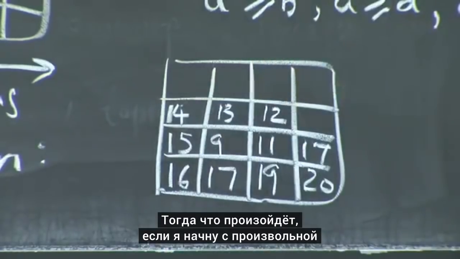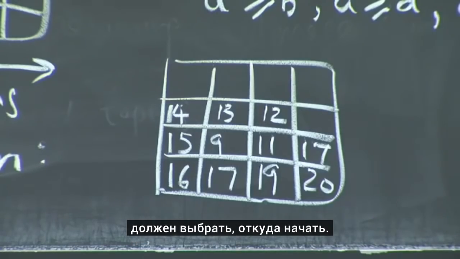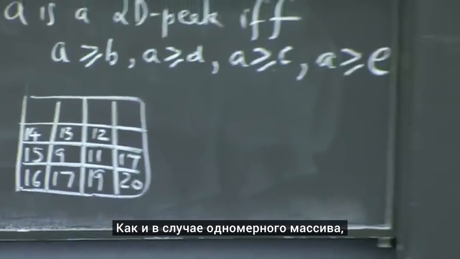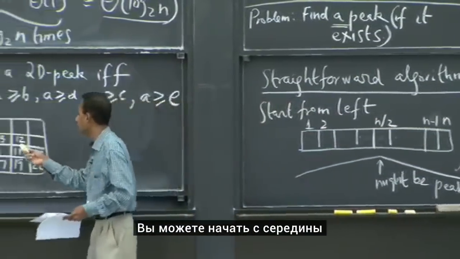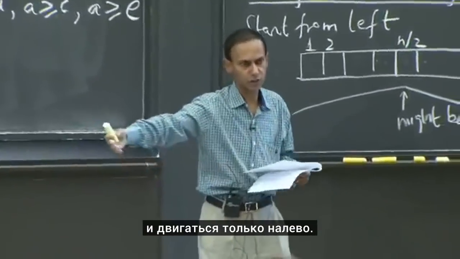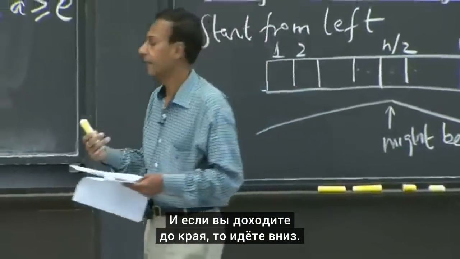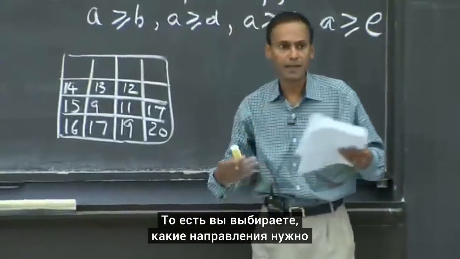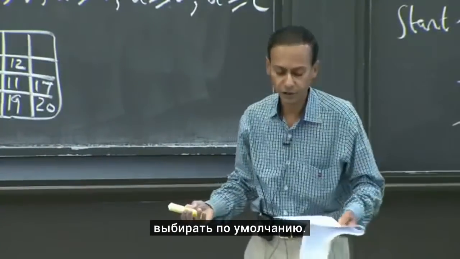then what might happen is if I started at some arbitrary midpoint, the greedy ascent algorithm has to make choices as to where to start. Just like we had different cases here, you have to make a choice as to where to start. You might want to start in the middle, and work your way left first, or just keep going left, or keep going right. And if you hit an edge, you go down. So you make some choices as to what the default traversal directions are.